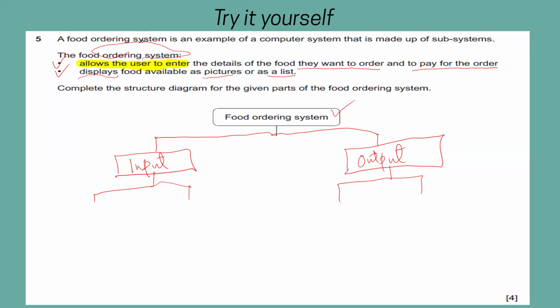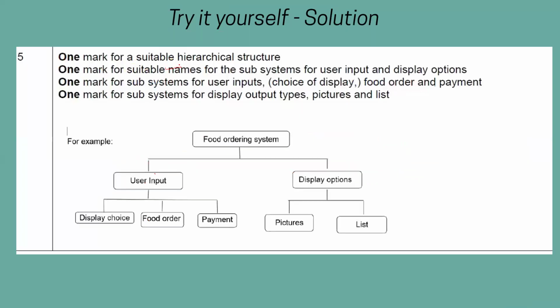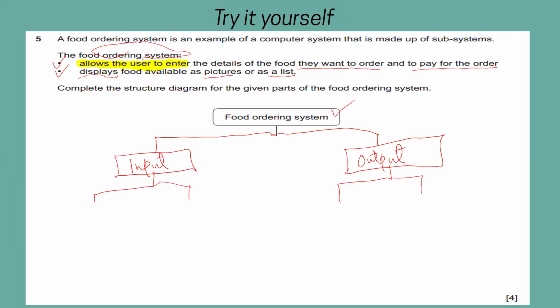So allowing a user to enter means that we are going to input, or someone is going to input data, right? But what data am I going to input? I want to order and enter the data about how to pay for it, as well as how they can have the information about what food is available.